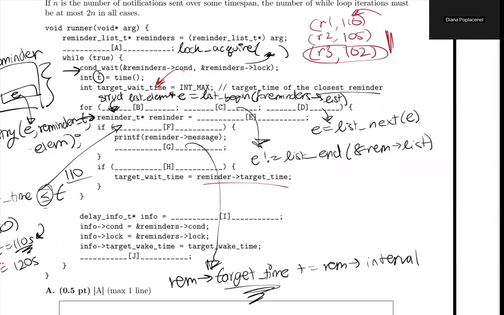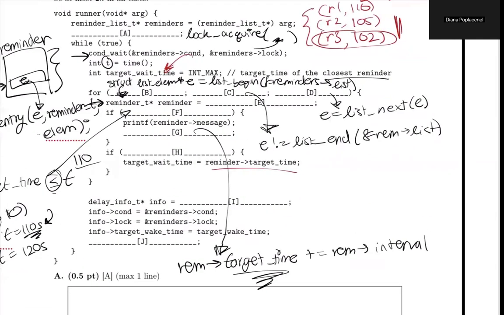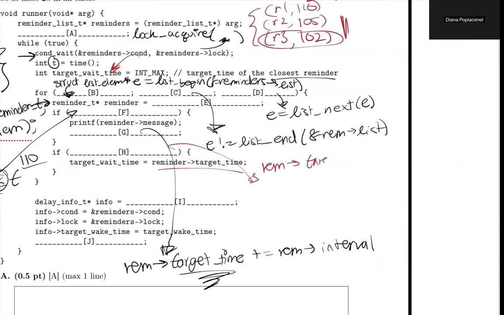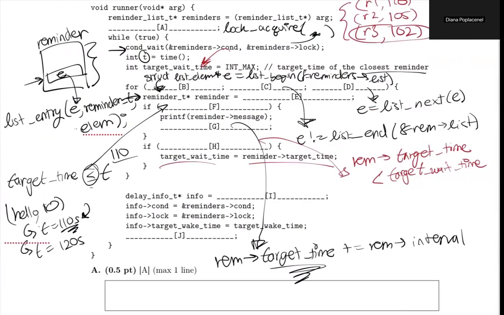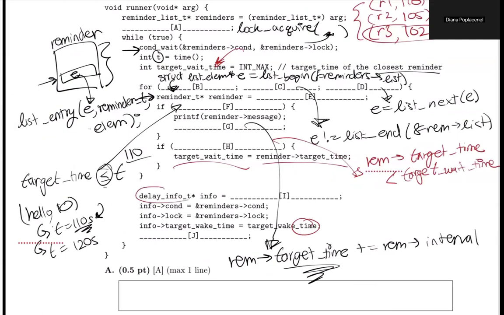And so we want to take the minimum target time across all reminders. So we're just going to check if the reminder's target time is less than our current minimum, and then update this variable to refer to the new min. And we also see target wait time is actually used over here in a delay info struct.